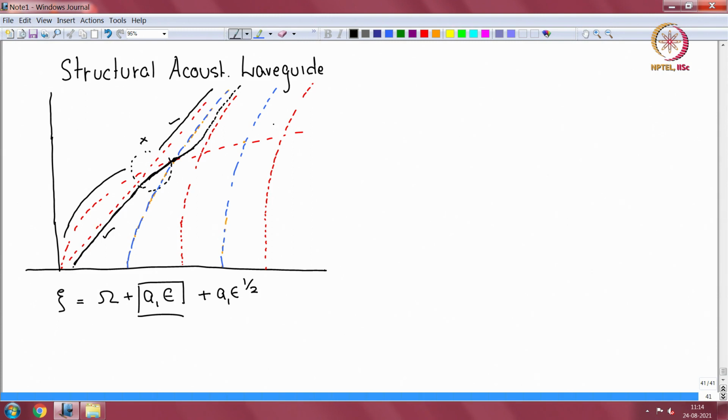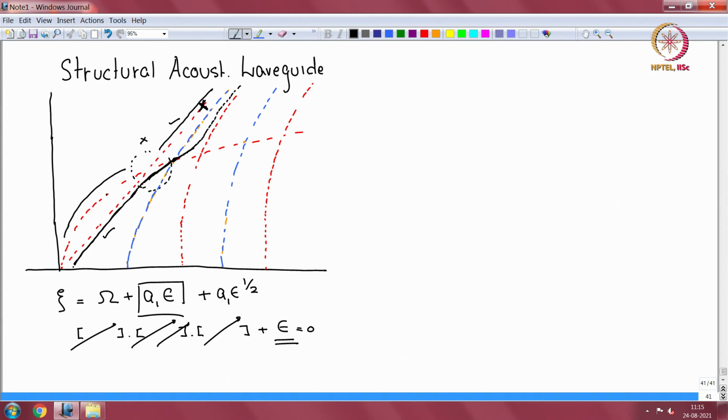Because there are three terms here in a product, and they have to be small enough to balance my epsilon. If they exactly go to 0 at any point, then there is no way to balance this. Therefore if I am on any one of these dotted lines, then I am exactly 0. If I am here, I am exactly on the acoustic plane wave, so the second term will go to 0.